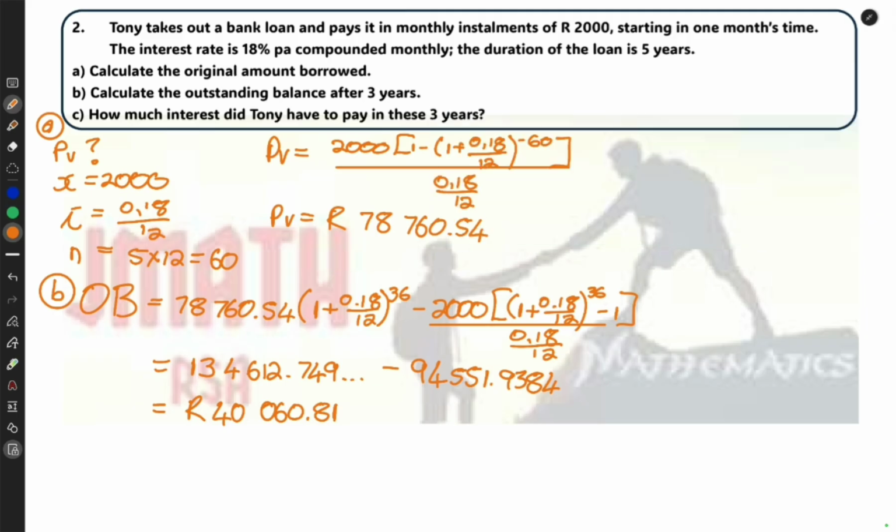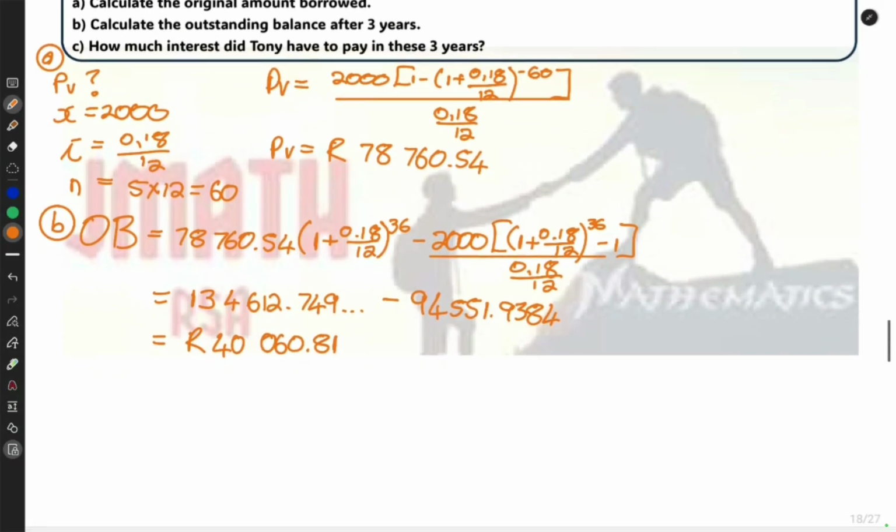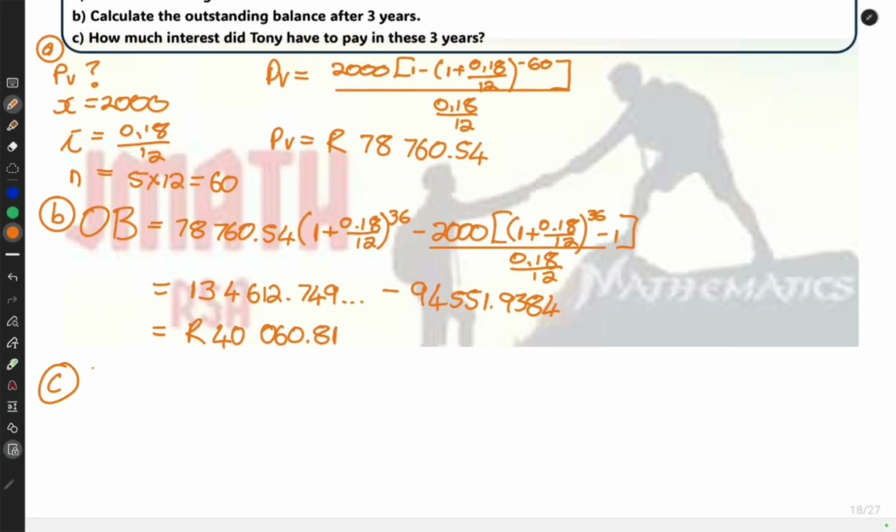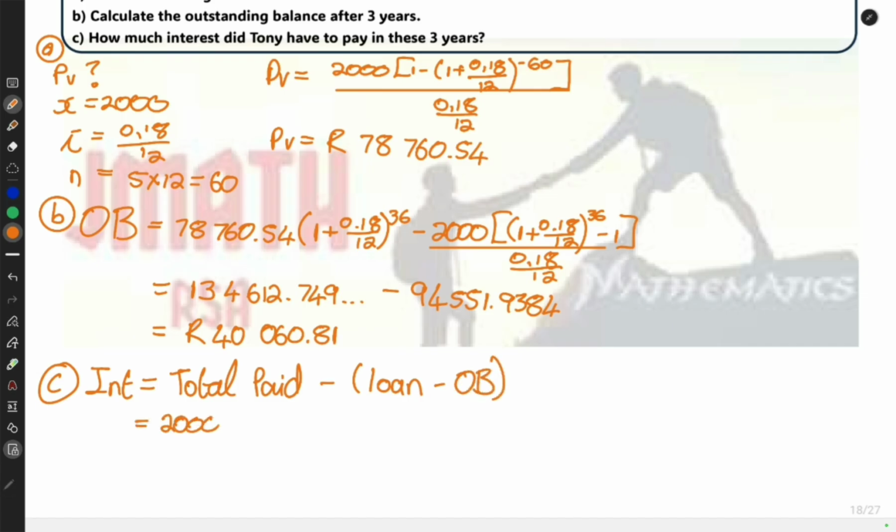Now question C, how much interest did Tony pay in the 3 years? I'm going to use that formula that we started with at the beginning of the video. To figure out the total that he paid, I know X was 2,000. I know he paid this for 36 months because they said after 3 years.